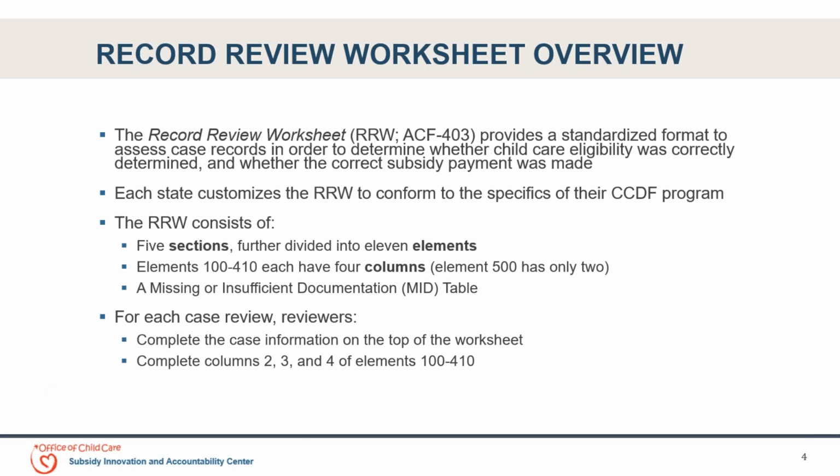Complete columns 2, 3, and 4 of elements 100 through 410, and complete both of the columns in element 500. And complete the MID table if applicable. The MID table is the missing and insufficient documentation table, and we will show some examples of that.